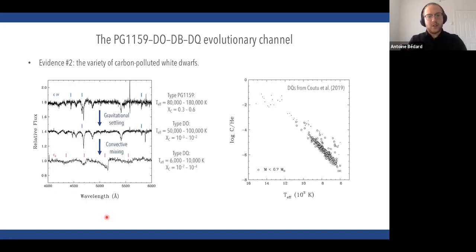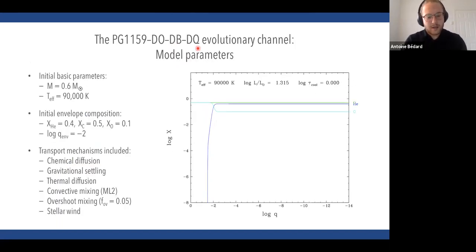So the first simulation that I want to present is a simulation of this spectral evolution channel, which involves the helium-rich white dwarfs showing traces of carbon. This is often called the PG 1159, DO, DB, DQ evolutionary channel. First, a bit of information about the parameters that I used for the simulation.